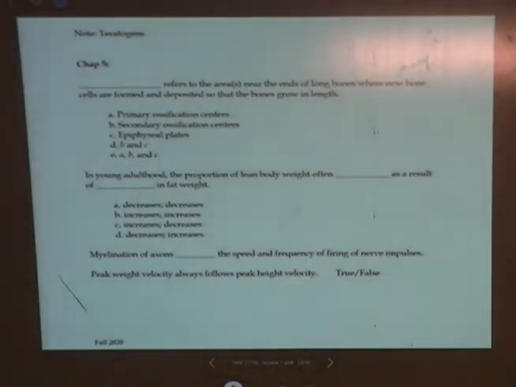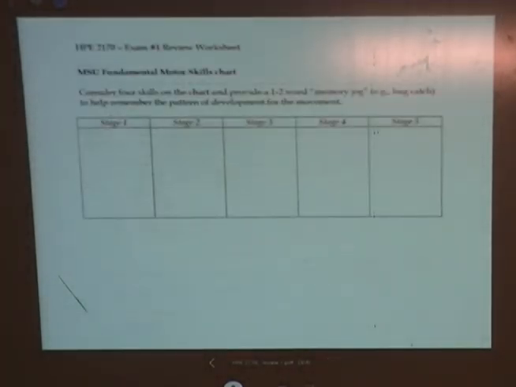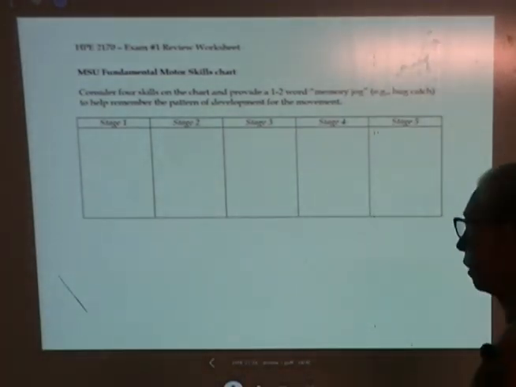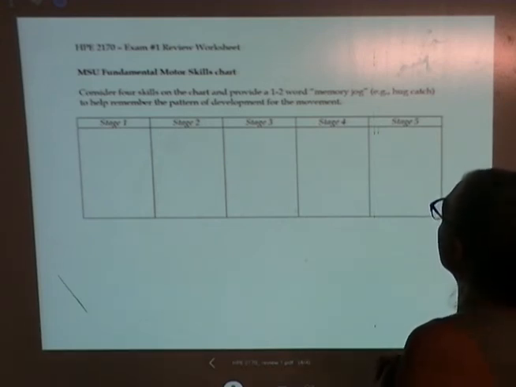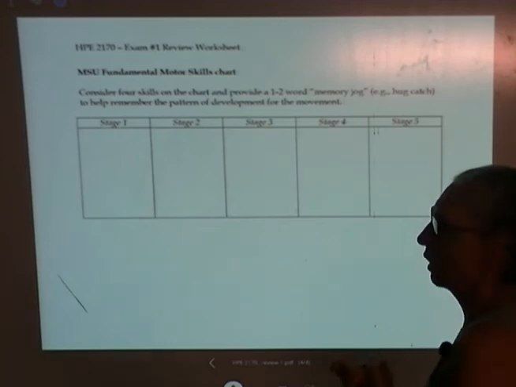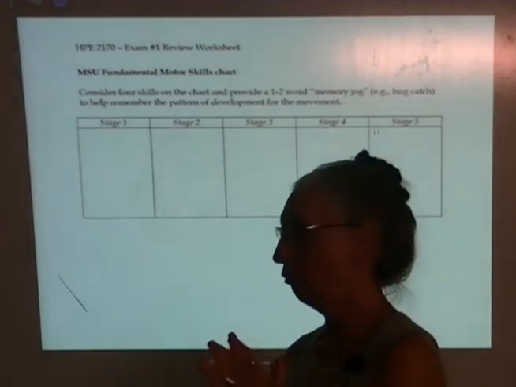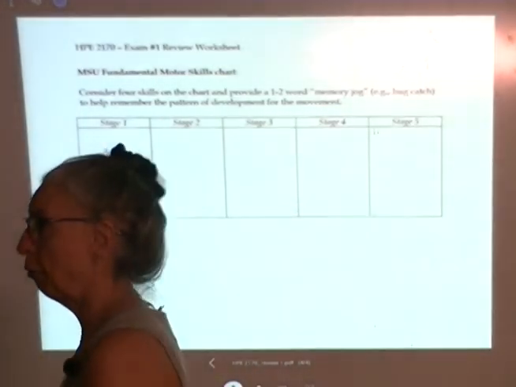All right, and then the last little bit is from the lab notes, but it also relates very strongly to what we're doing in class. All right? So this is just a little review you can do at home.